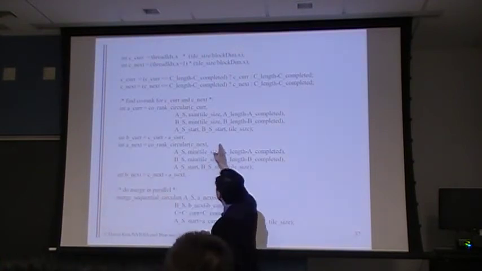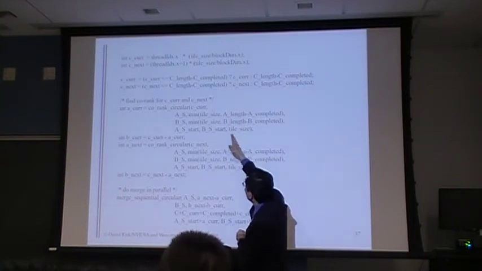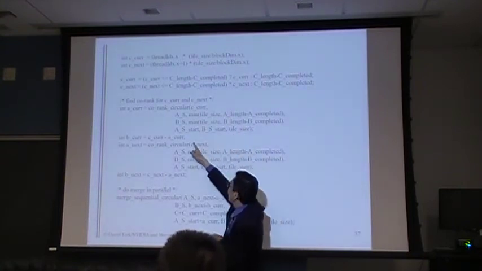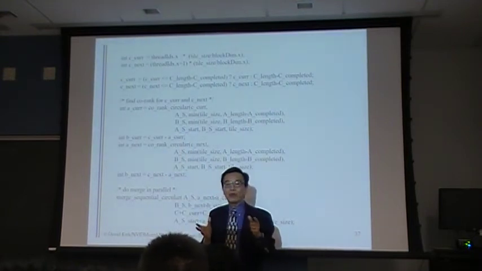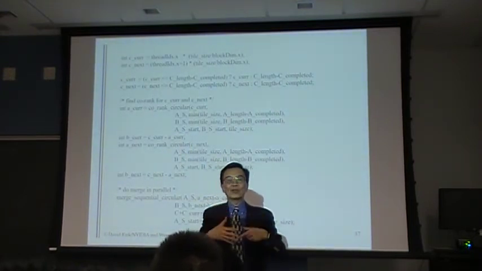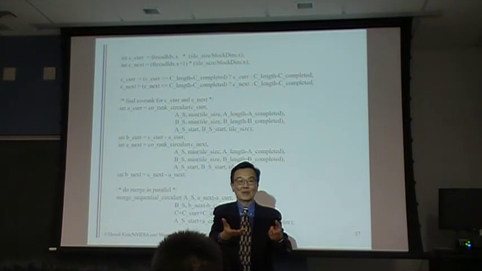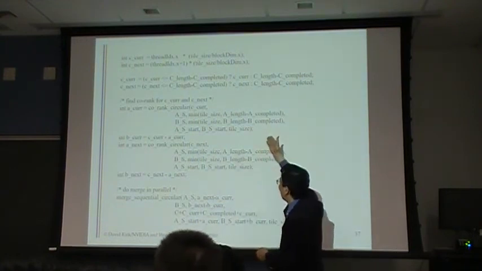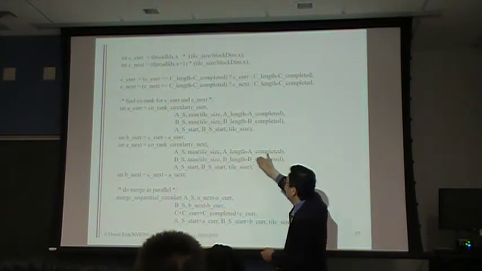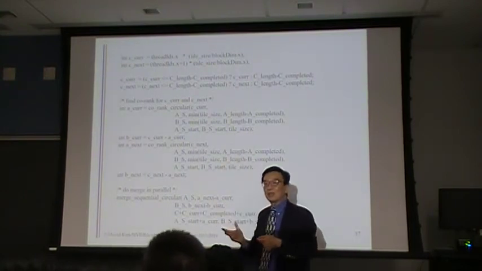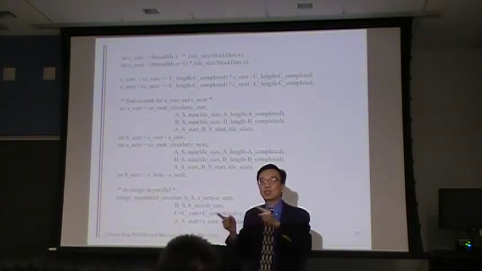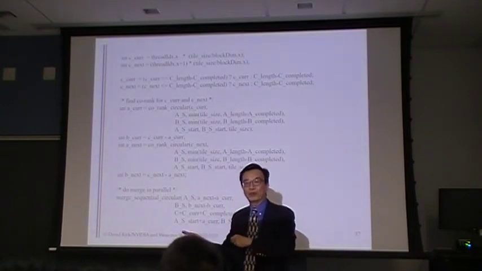We pass the parameters into the co-rank function, essentially into the shared memory, exactly the same way that we pass the global memory locations into the shared memory. So from the kernel point of view, there's nothing different, except that we're doing the co-rank function in the shared memory, not in the global memory.